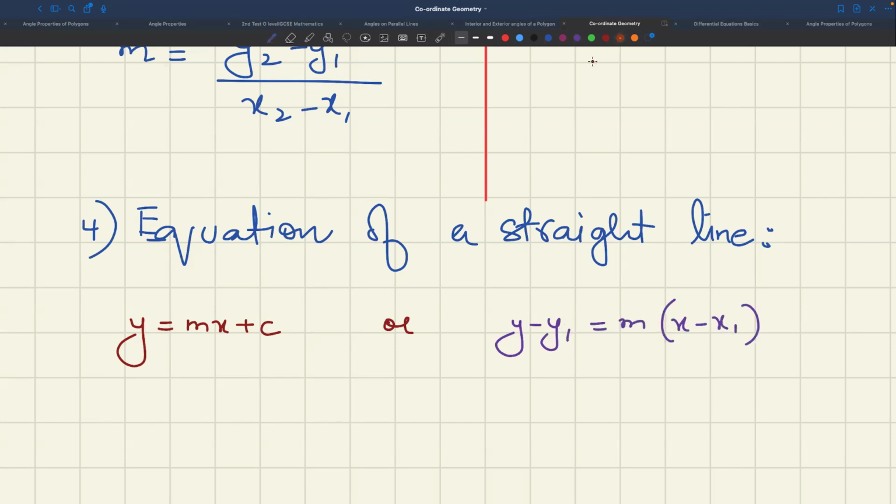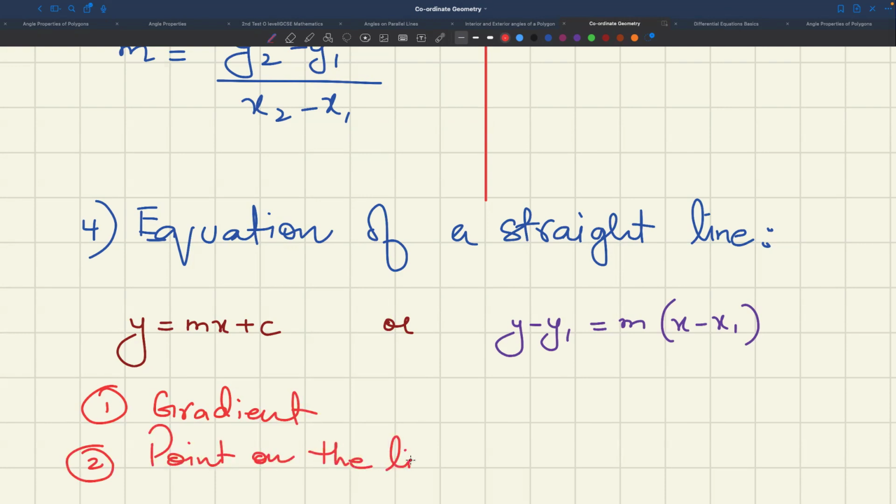To find the equation of a straight line, you just need what? You need the gradient and you need a point on the line, which we call x1 comma y1. Okay? Any point on the line. This is how you'll find the equation of a straight line.